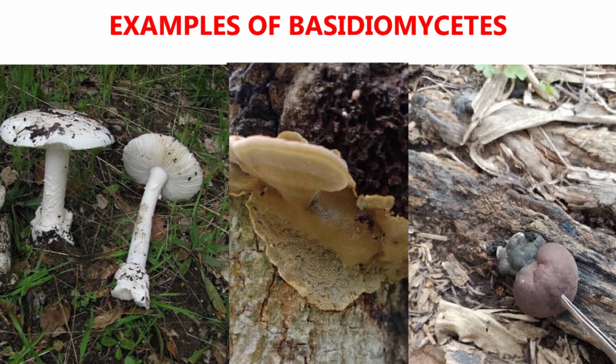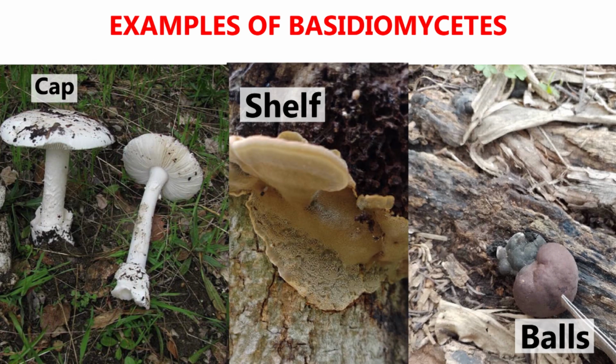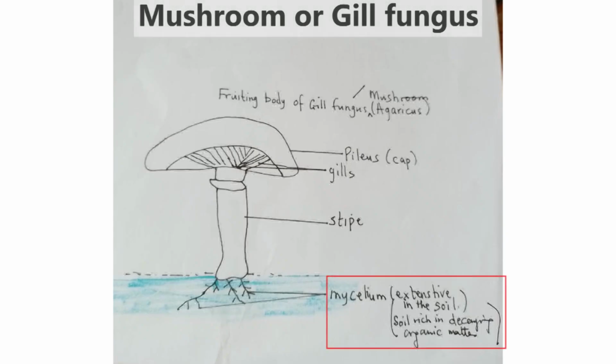The parts we are seeing now, the cup, the shelf, the balls, are all reproductive structures. Much of the fungus is in the substrate, in the soil, in the wood, the greater percentage of it.